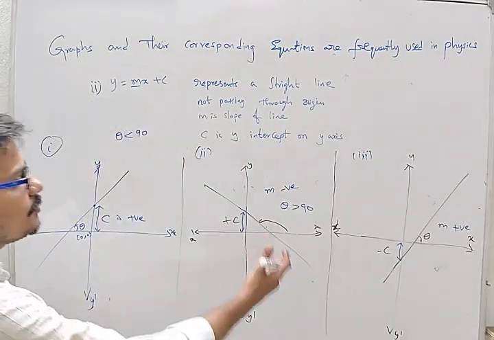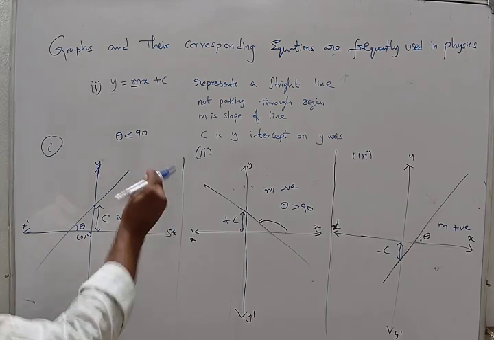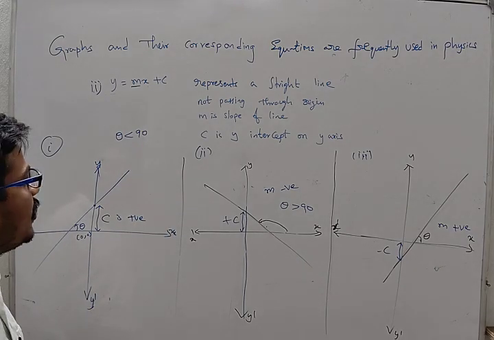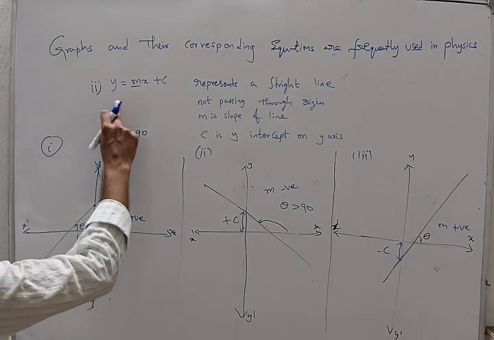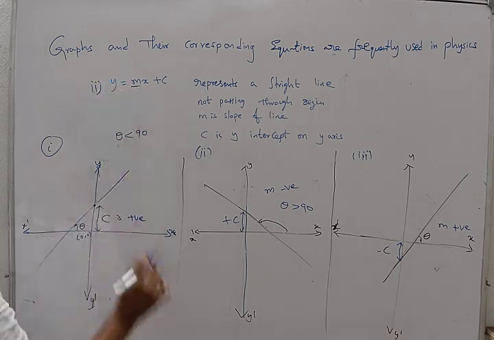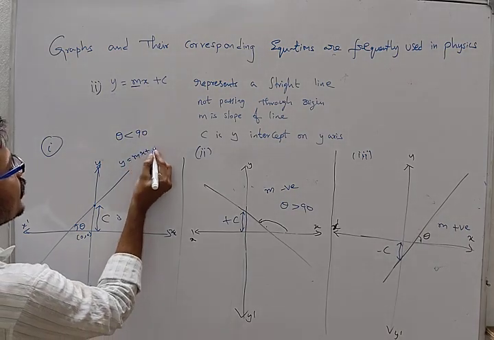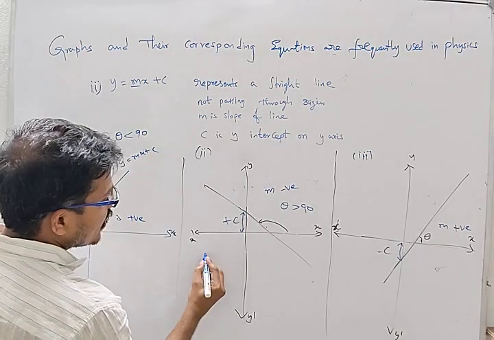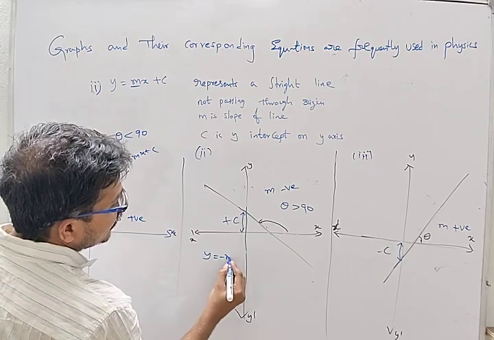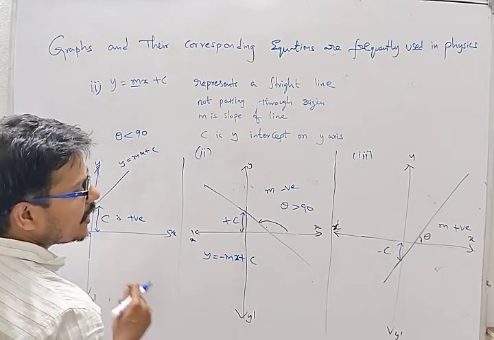If we substitute these positive and negative values in our general equation, we can get it with some sign notations. For this, both are positive, which is good, and here y equals mx plus c only. And here y equals minus mx plus c.